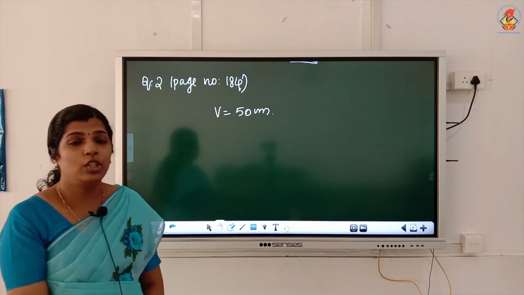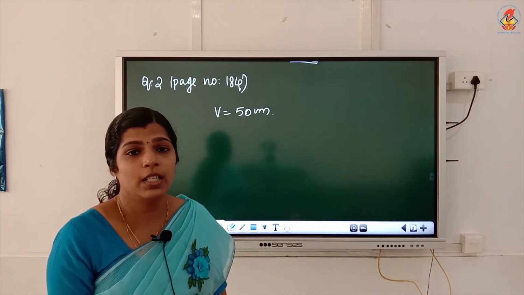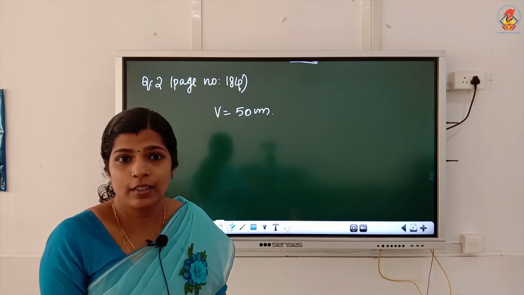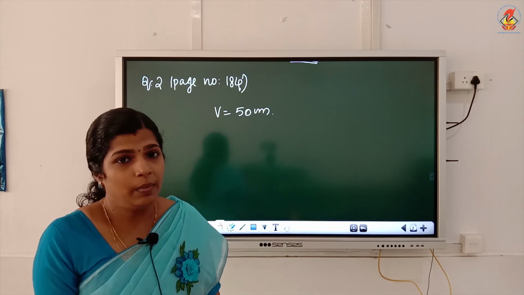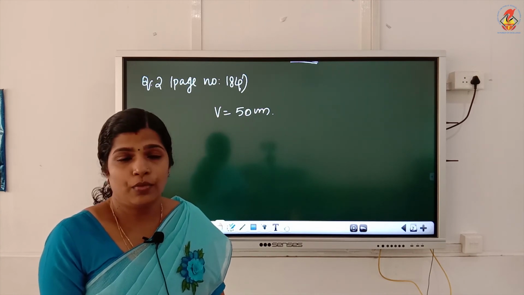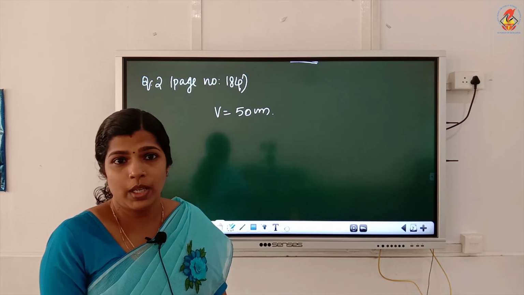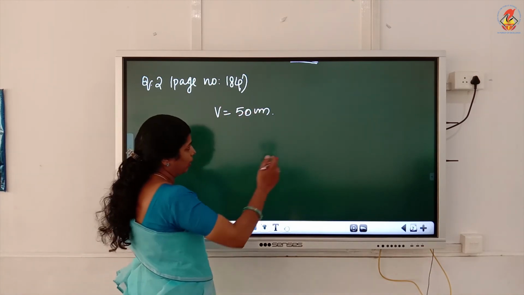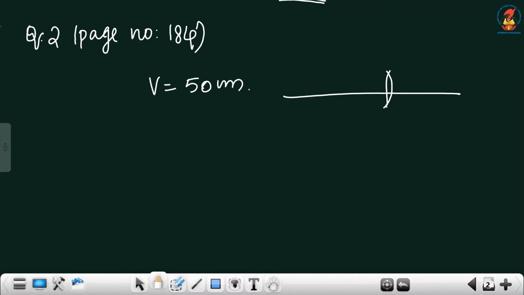Now, in which case you will get the size of the image and size of the object same, that is when the object is placed at 2f1, you will get the image at 2f2. Size of the object and the size of the image will be same. So, image is at 50 like this, it is 2f1, this distance is u, here 2f2, this distance is v.